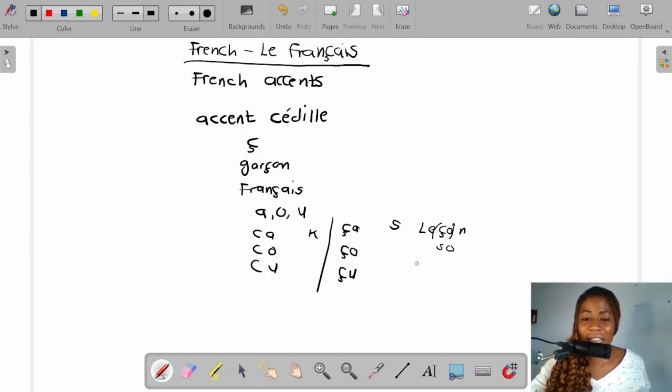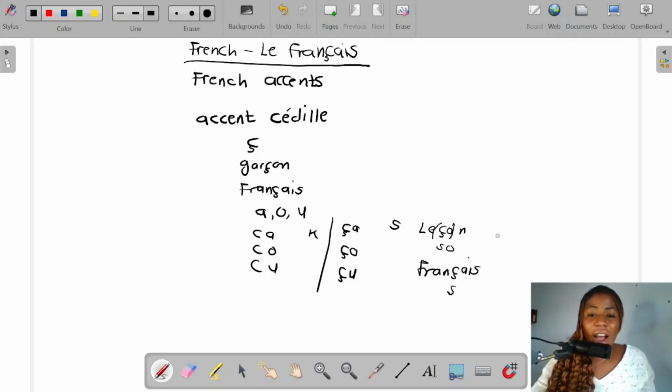Très bien. Now let's look at this word, français. You can see the accent below C here, and it comes before the vowel letter A. It could have been francaise with a K sound, but it has taken the sound of an S. It is now française. Très bien.